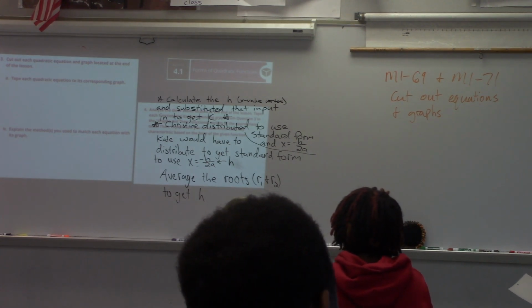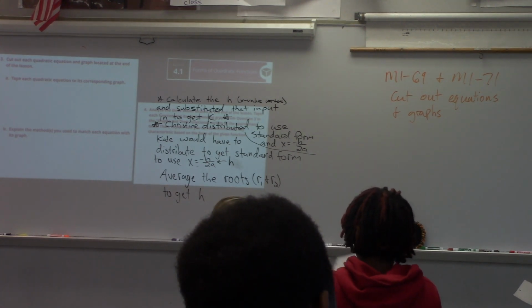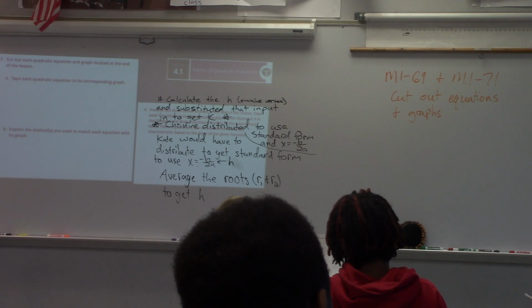Can you wait till you get that stuff cut out, or do you need it? Let's give Shania the scissors so that she can work while you're gone.